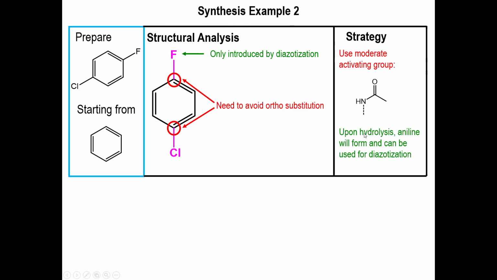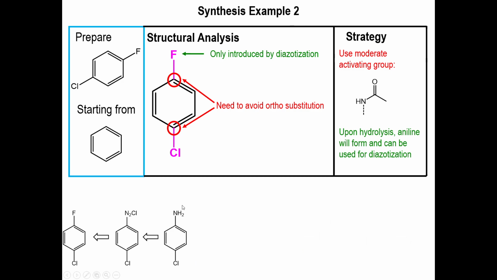All right, so here's how it will go. To generate para-chlorofluorobenzene, you would want to proceed from the diazotization reaction. That's the only way to install the fluoro group at that position. And then the diazonium reagent itself is going to have to be made from the aniline derivative. Notice that in all of them, the chloro group is there because that's going to be one of the earlier steps in the retrosynthesis.